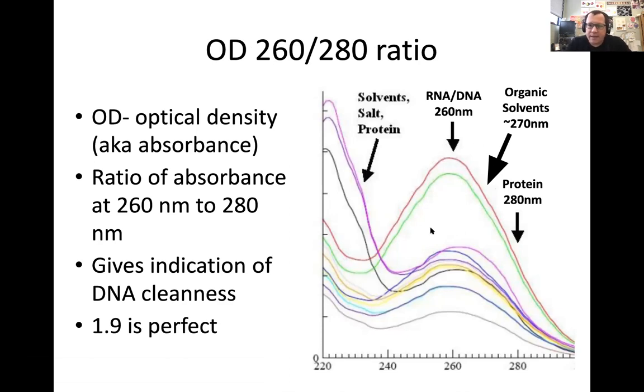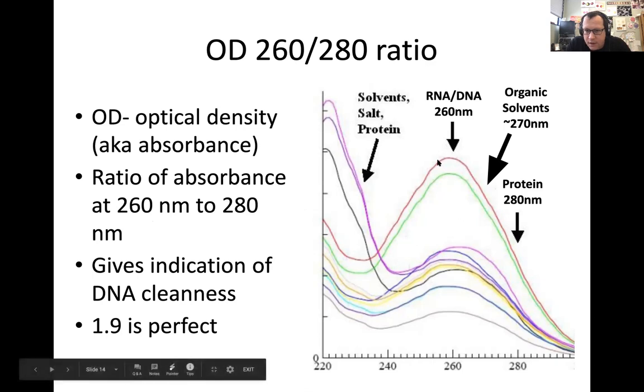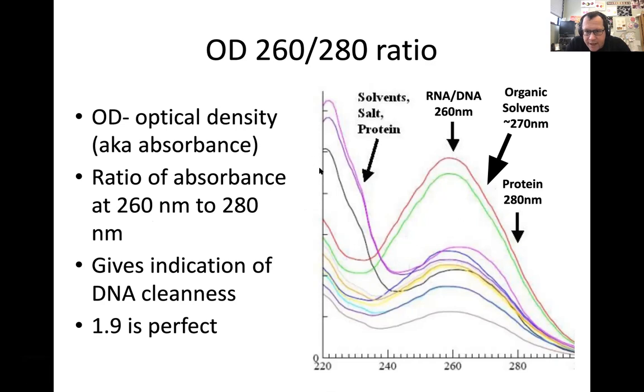Something else to pay attention to is the ratio of absorbance at 260 nanometers to 280 nanometers. Our y-axis here is absorbance. If you took the absorbance at 260 nanometers and the absorbance at 280 nanometers, and divide one number by the other, you get a ratio. That ratio tells you how clean your DNA sample is.